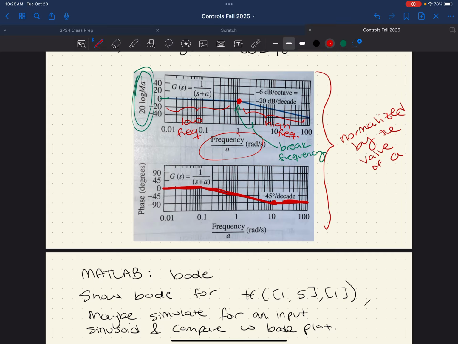We can also look at the slope of this section. We expect this slope to be roughly what? 20 decibels per decade, right? Because we had that y equals 20x equation. So let's see, do we go up by 20 decibels within this decade? Yes.